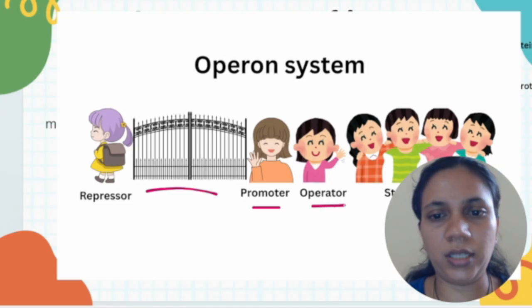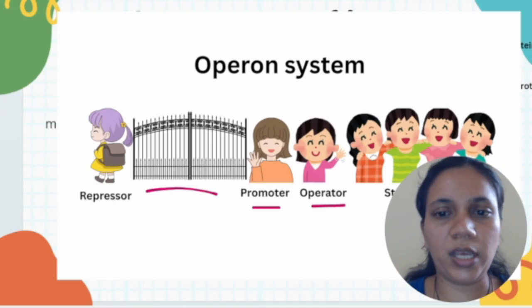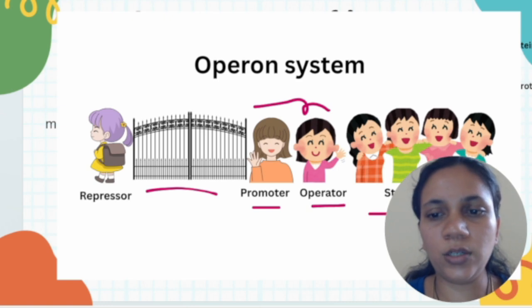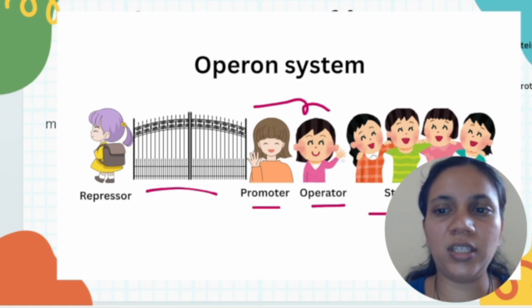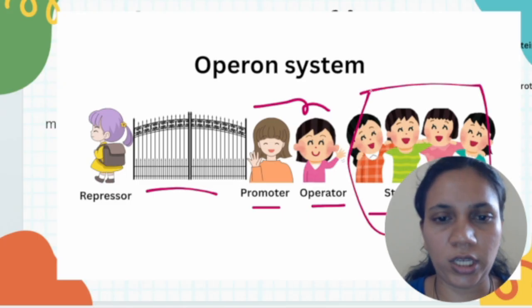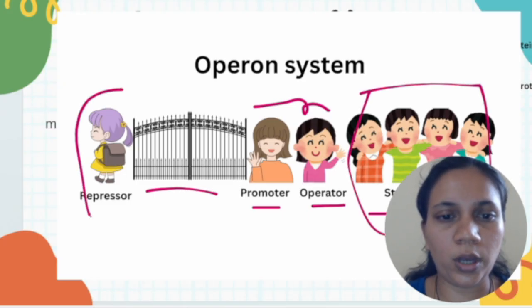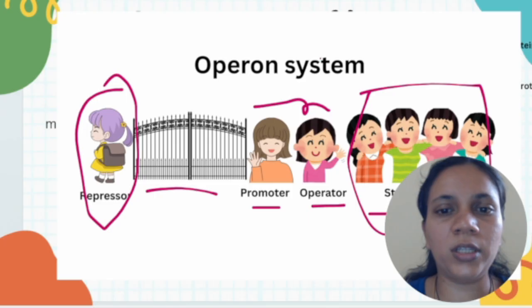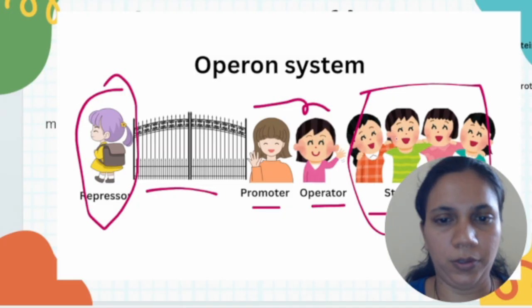Then the operator, also with a gesture of saying hi, that means they are inviting. And here there is a group of friends planning something together. This group of friends is the structural genes, and this girl who has turned her face away from all these other people is the repressor. She cannot get along with these people.